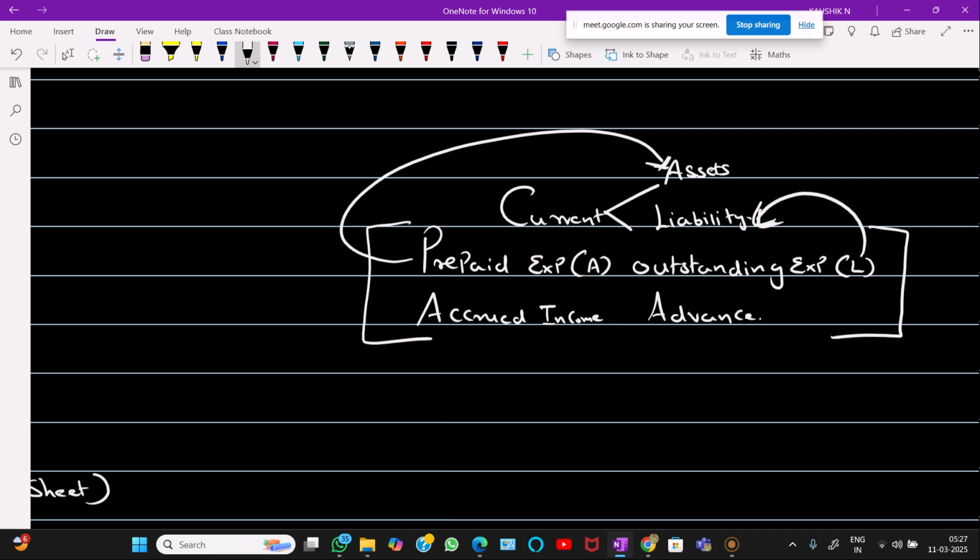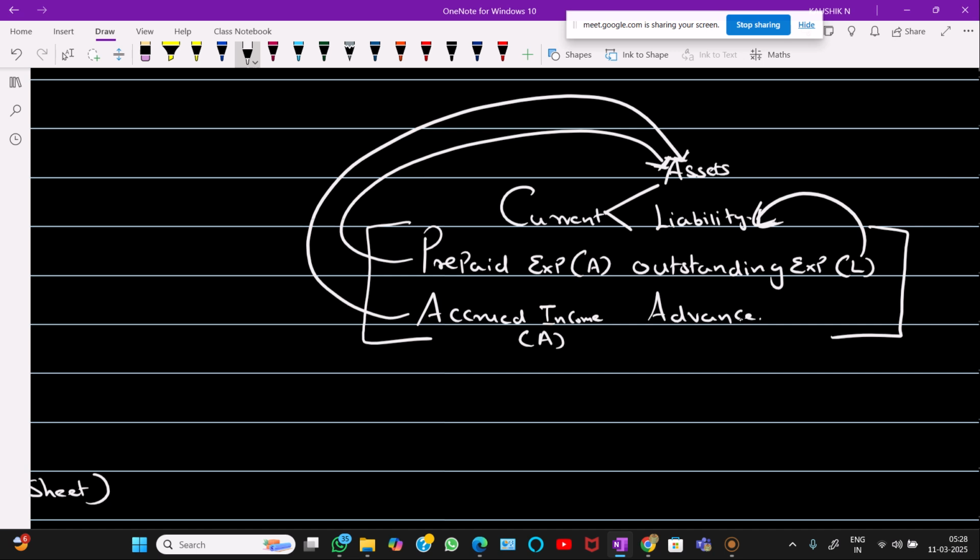What is accrued income? Income that has been earned but not yet received. You have earned the income but still have not received it. That's called accrued income. It is an asset for us. So even this belongs to the asset category, and it will be a current asset.